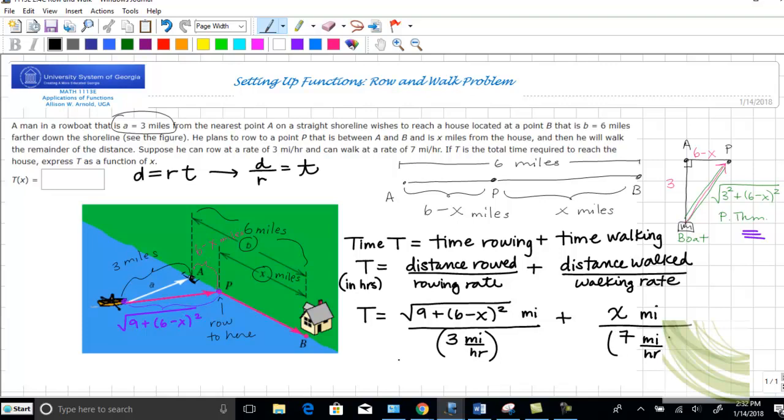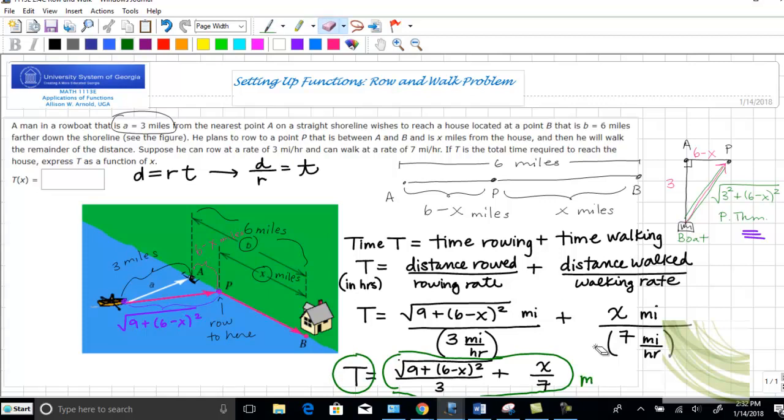So we see that the time elapsed in hours would be the square root of 9 plus (6 minus x) squared, divided by 3, plus x divided by 7, and all of this will be in miles.